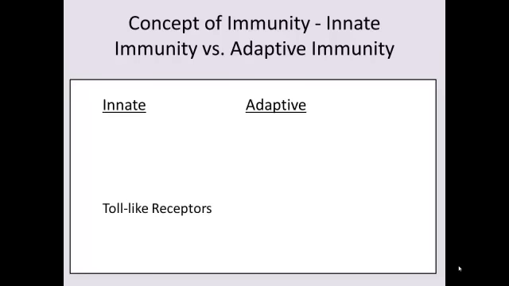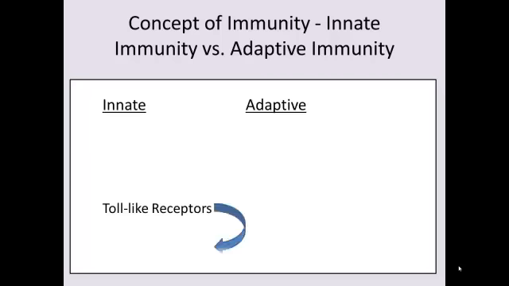In innate immunity, we have toll-like receptors on our immune cells that are part of the innate immune system. You can kind of think of this as a toll bridge. That's not where the name comes from, but you have a toll road, and so they check everything that comes through and get the tolls.